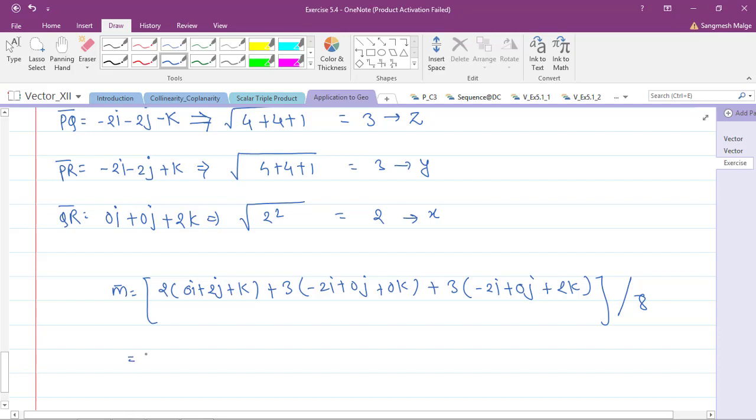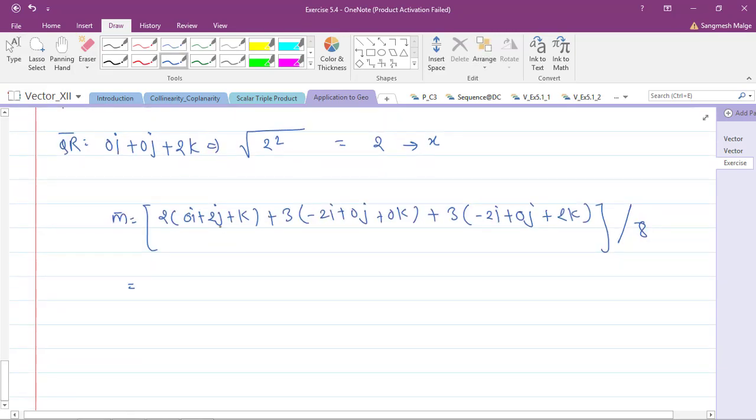Open the brackets and simplify it. You will have 0i plus 4j plus 2k, minus 6i plus 0j plus 0k, minus 6i plus 0j plus 6k, whole divided by 8.